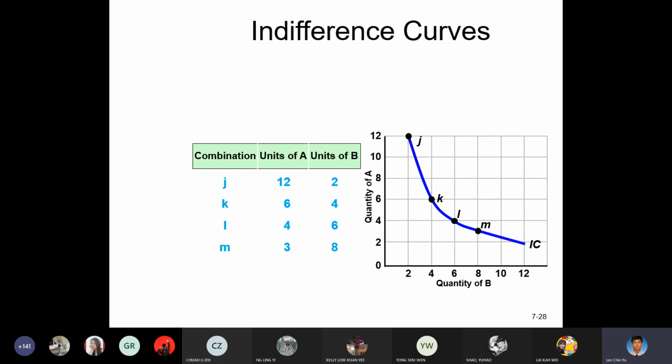We need to ask the consumer in order to draw this indifferent curve. For example, when your mother asks you what kind of boyfriend you want, your mother needs to ask you. Maybe your mother might ask, that person must be rich and handsome.